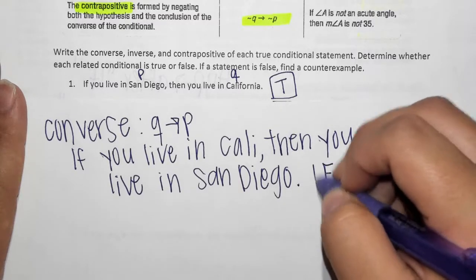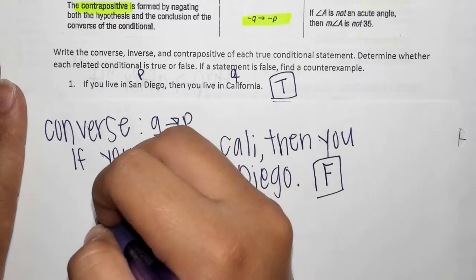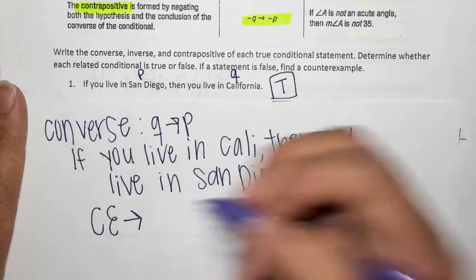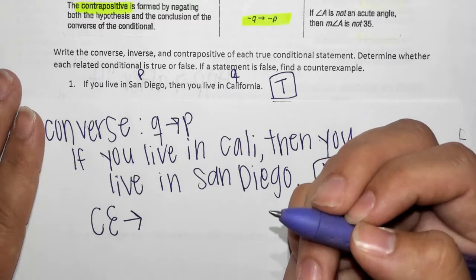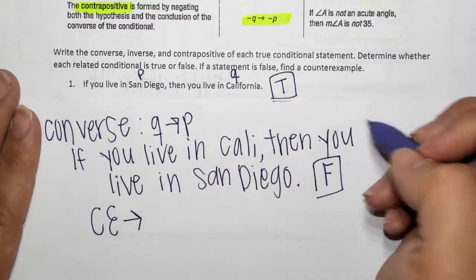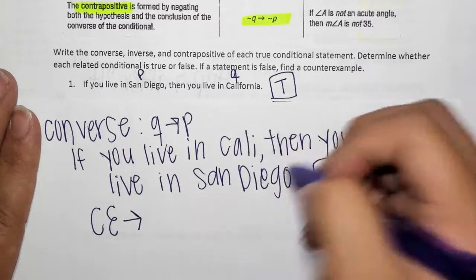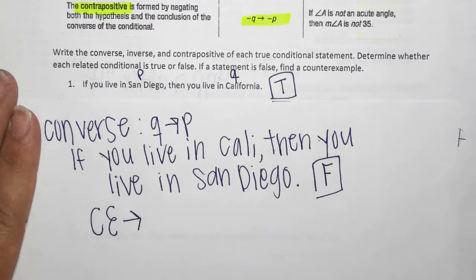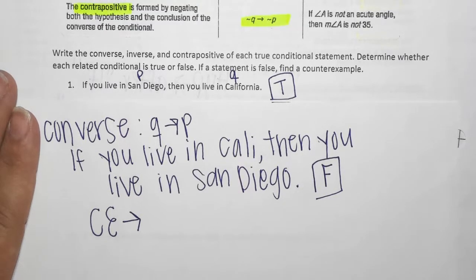If it's false, I need a CE. What does CE stand for? Counterexample. If you live in Cali, you don't have to live in San Diego. You could also live in Marietta, any of these cities. I'm going to pretend I live in San Francisco.